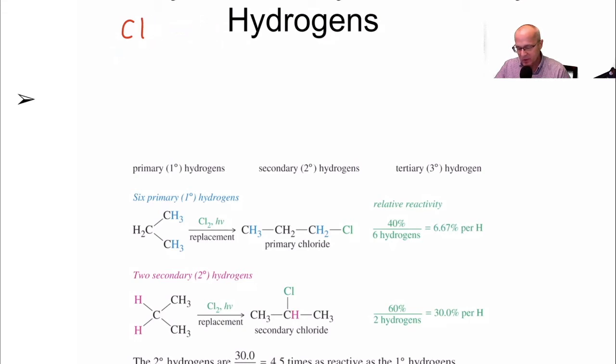What does primary look like? Well, if you have something like this, these are primary carbons.